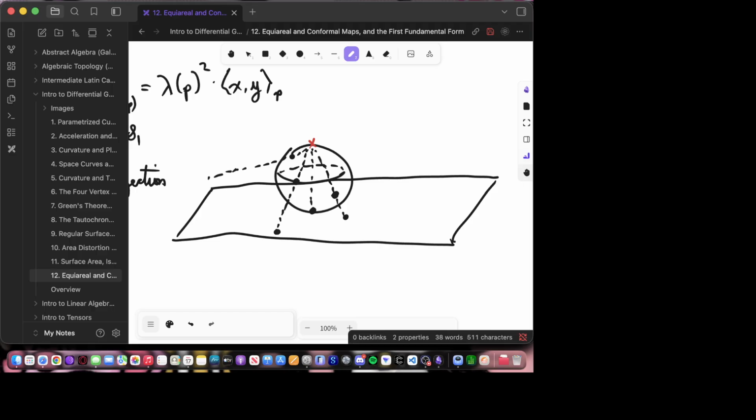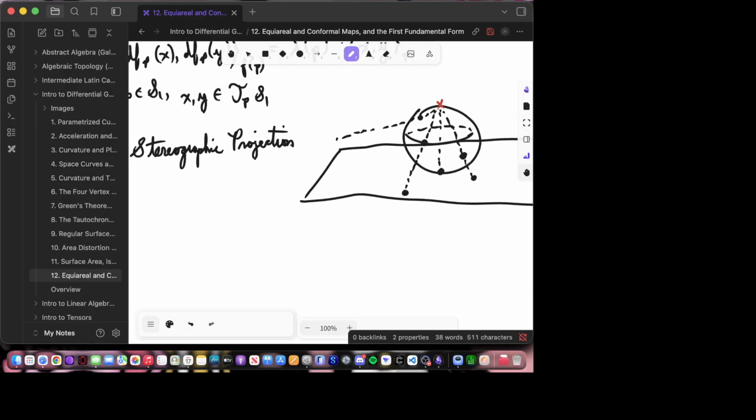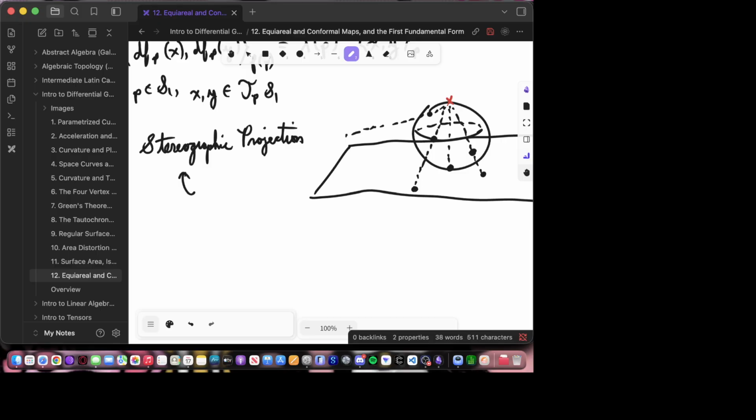Notice that every point on the sphere gets mapped to a point on the plane except the North Pole. Now, I propose this stereographic projection is conformal. This is an example of a conformal mapping that preserves angles, but I'm not going to prove it because I'm kind of lazy.